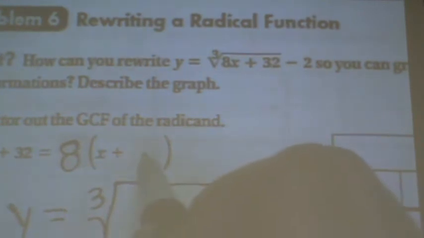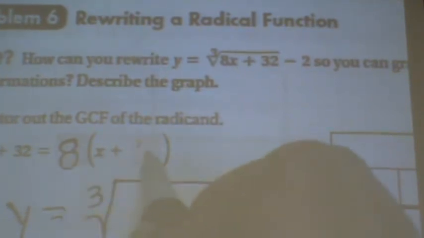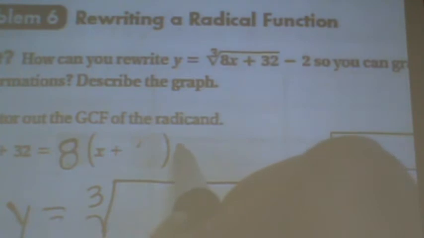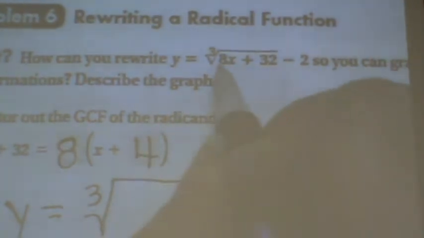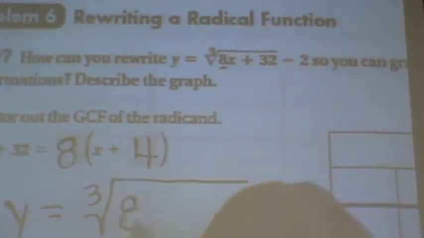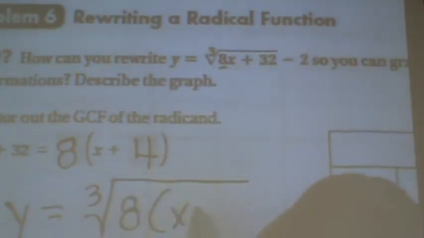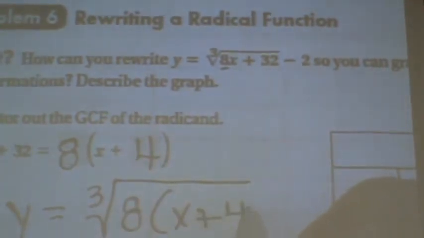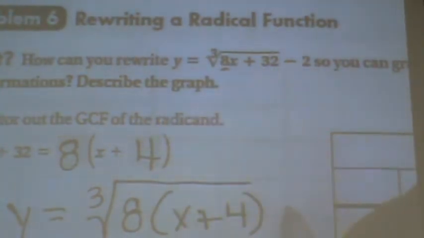What would you get? 8 times x plus what is 32? 8 times what is 32? Can you guys factor that? 4. So this is really the first thing you're supposed to do. If you can't take that out, you have to be able to take that value out. In this case, it's very simple, because 32 is divisible by 8.